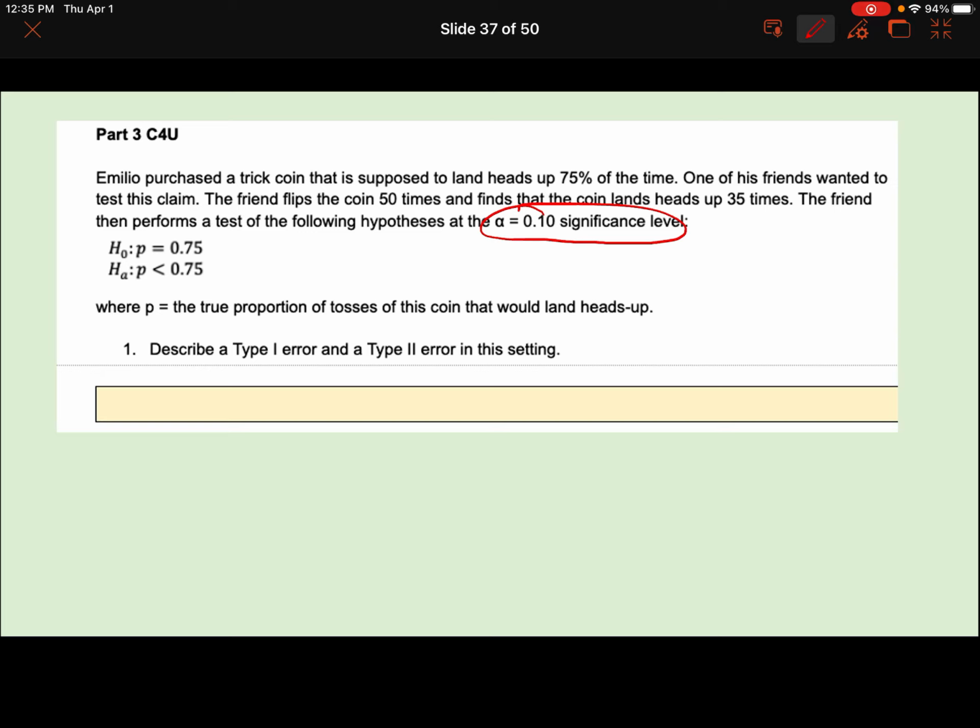Okay, so our hypotheses here, just to explain them, the null hypothesis is that the coin works as advertised. And then the alternative is that the coin does not work as advertised.